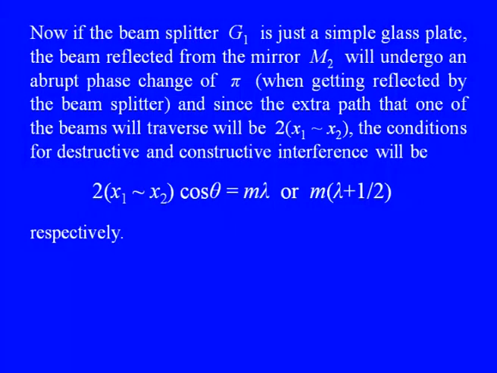And since the extra path that one of the beams will traverse will be twice of x1 minus x2, the conditions for destructive and constructive interference will be twice the difference x1 minus x2 cos theta equal to n lambda for destructive interference because of additional factor of pi, as I pointed out earlier, or m into lambda plus half for constructive interference.